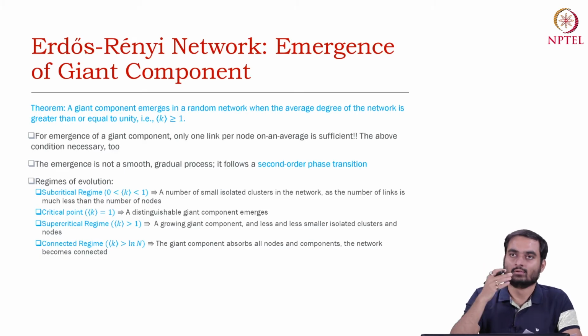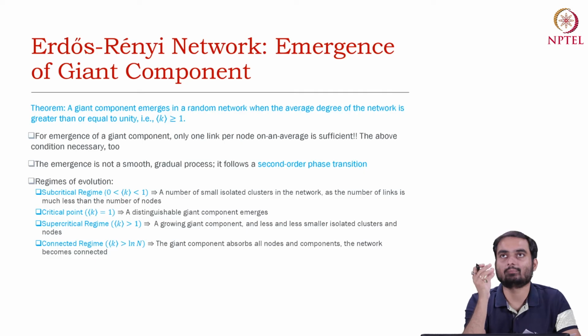So when you have n nodes, and you choose a pair of nodes and connect them, and you keep connecting, when will we see a giant component emerge? Since there is no restriction on the number of edges, we have only one parameter, which is p.